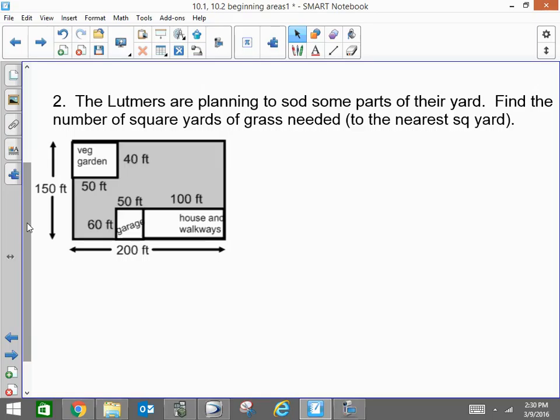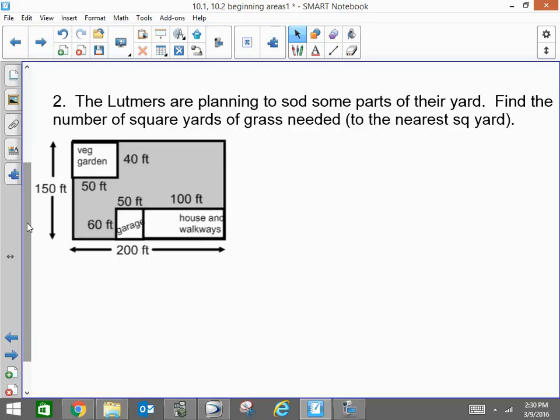So, before we get done now, sod is grass. Kind of roll them out. So we're not sodding the driveway. We're not sodding the house. We're not sodding the garden. All the white pieces aren't. We're getting grass.